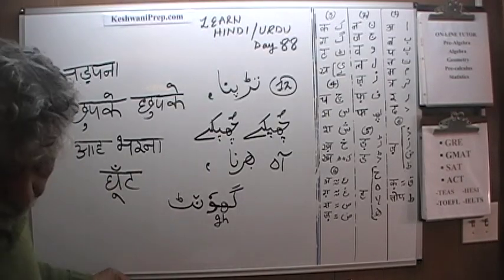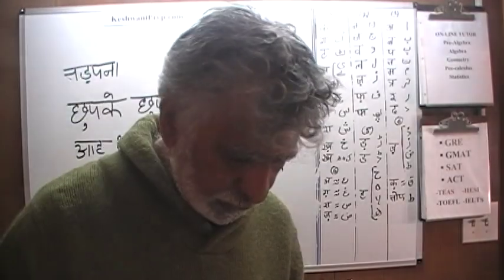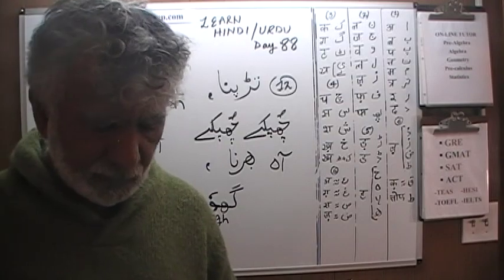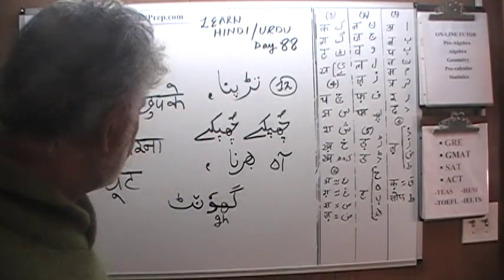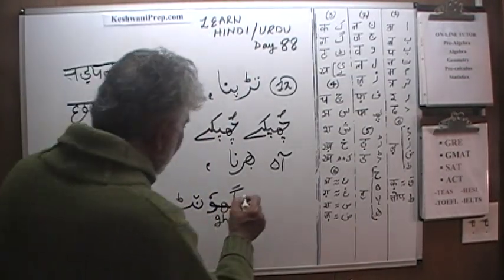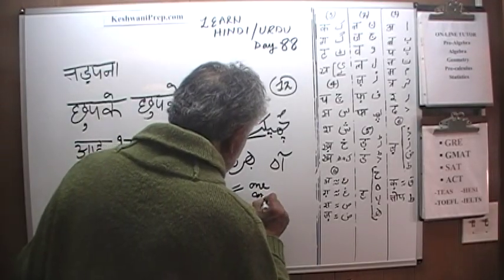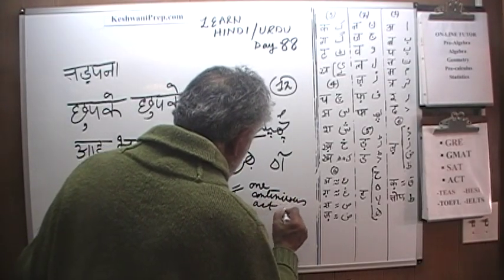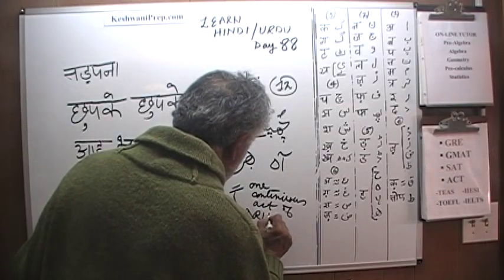Gunt. What is a gunt? A gunt is one continuous act of drinking.